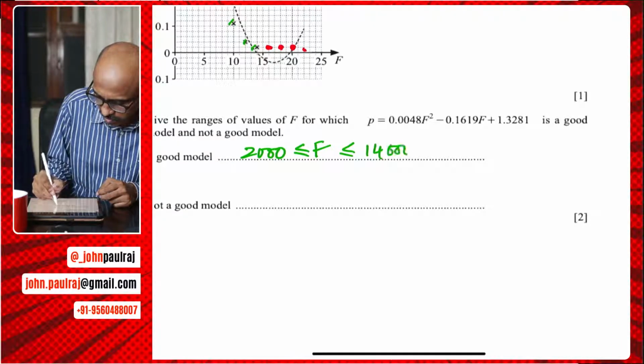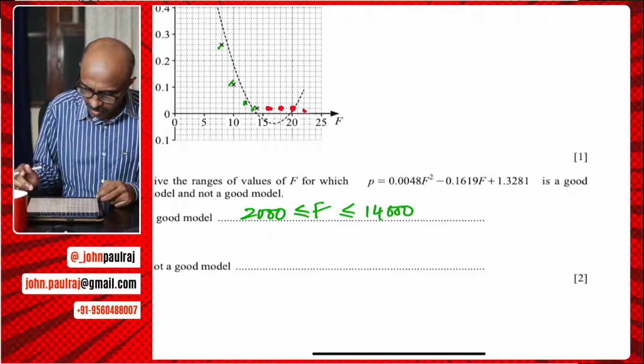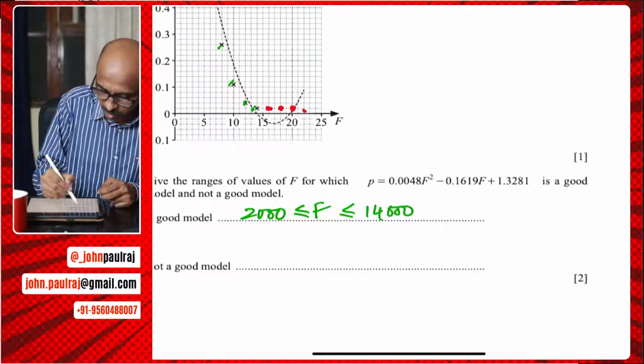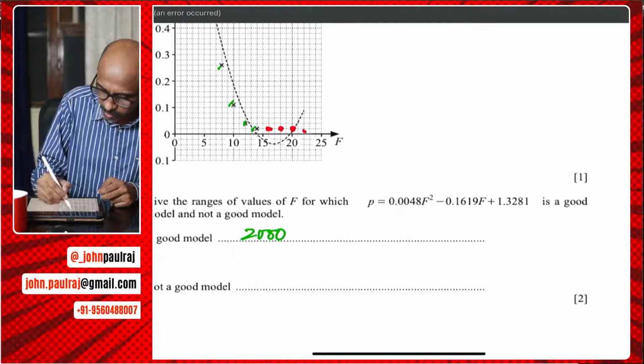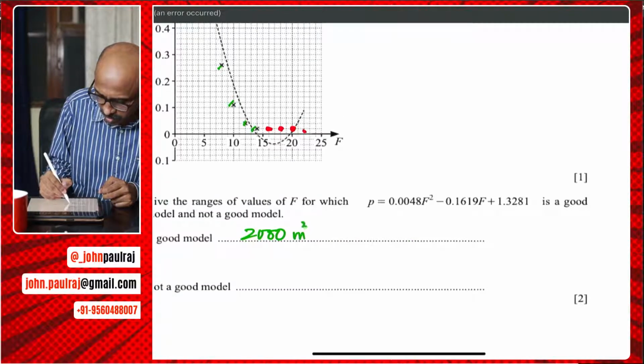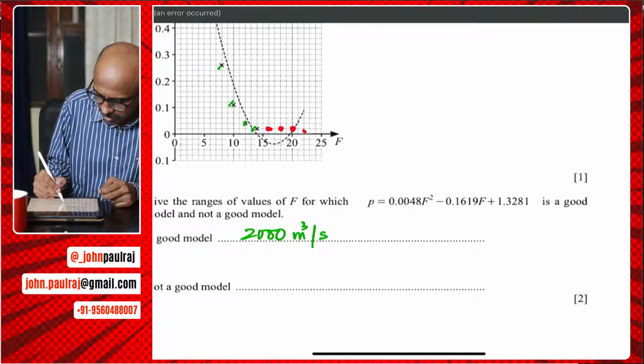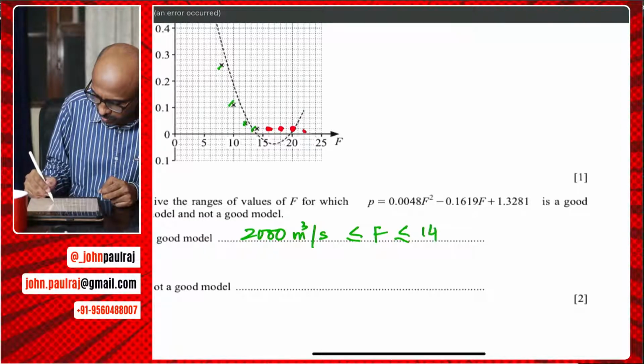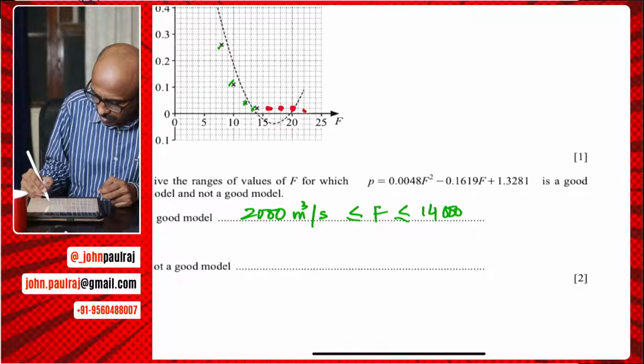Maybe you should put the units also. 2000 meter cube per second to values of f to 14,000 meter cube per second.